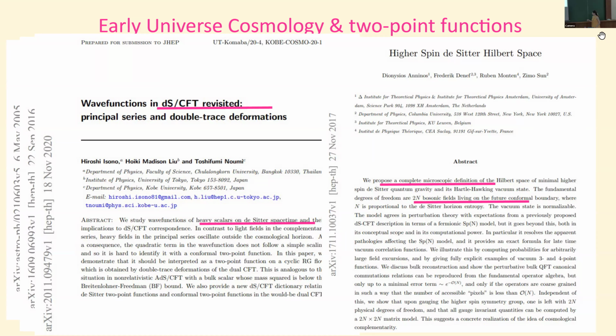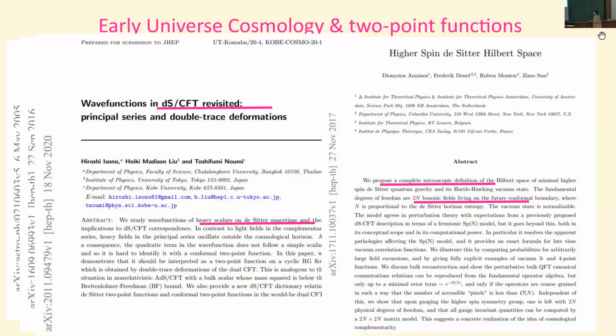So in this paper, they give a correction to Maldacena's proposal relating the wave function and the partition function. They focus on heavy scalars in the principal series, which you were working on.